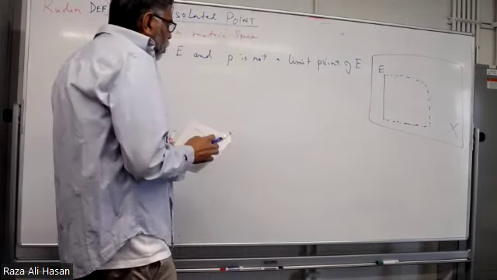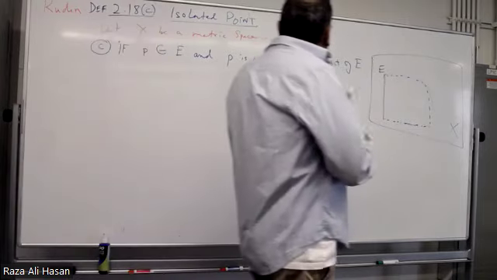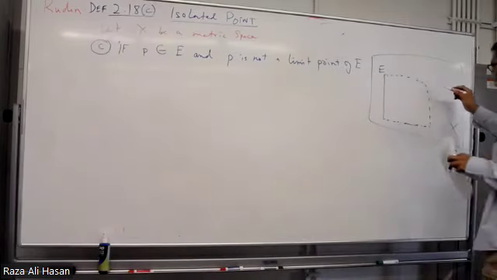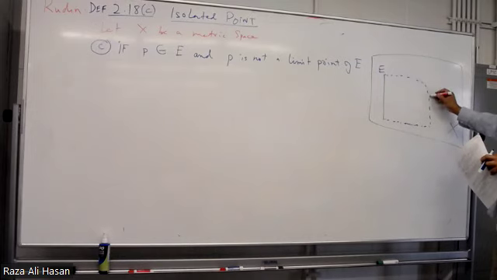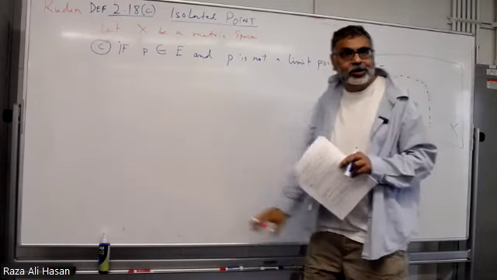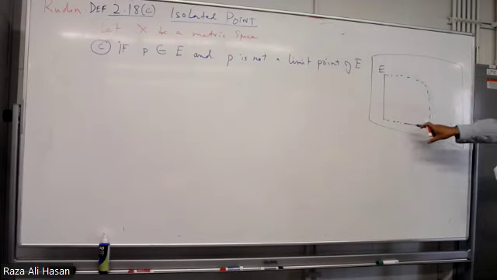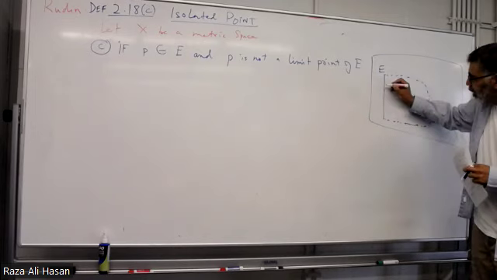Okay. So where can we put P? Number one, can we put P on the open boundary? Because if it did, it would be a limit point. So we can't, right? And also it says P better be an element of E. So this is out for sure, because all the points on the open boundary are not elements of E. So let's stick it here.